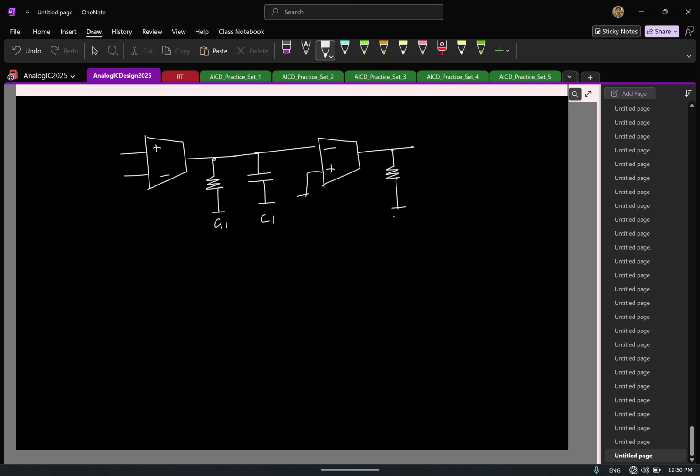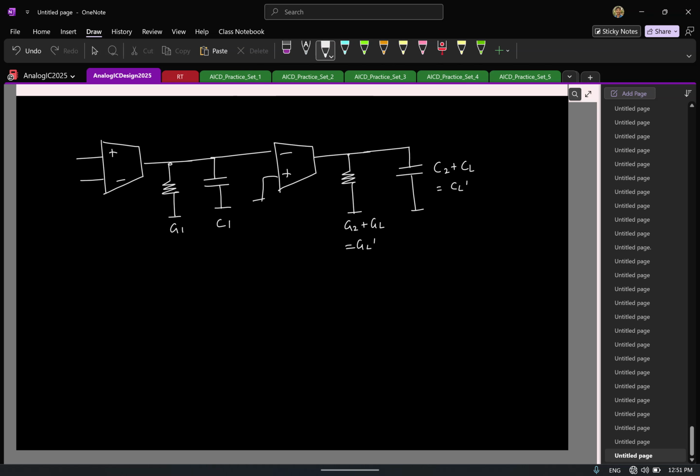So let us say here I have the intrinsic conductance plus the load conductance. Together I'll call it GL prime. Here once again I'll have the intrinsic parasitic capacitor plus the load capacitor. Together I'll call it CL prime.